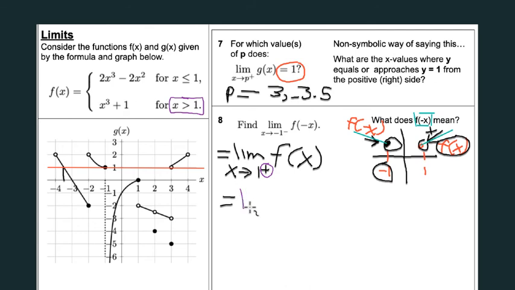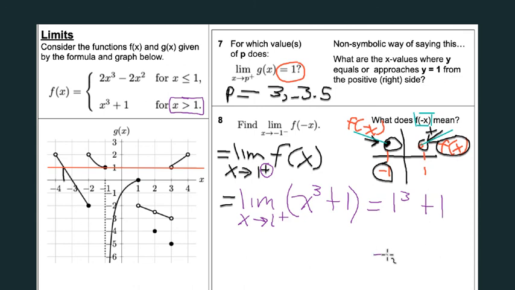So what it's really saying is the limit as x approaches 1 on the positive side of x cubed plus 1. Well, I can just substitute directly. That's not an indeterminate limit. So it just becomes 1 cubed plus 1, which equals 2.